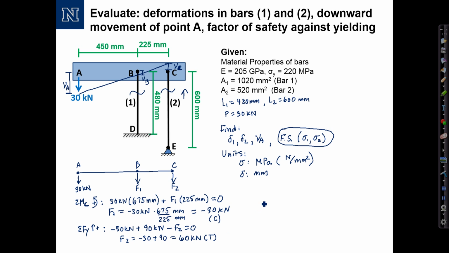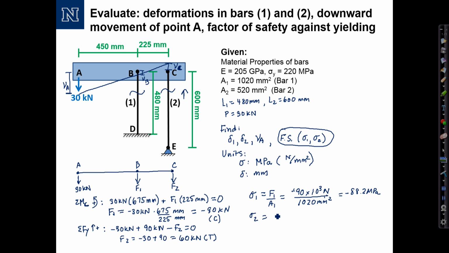From those forces, I can easily determine the stresses in the bars. Sigma 1 equals F1 over A1, which is negative 90 kilonewtons. I'm going to convert to newtons by multiplying by 10 to the third, divided by the area, 1,020 millimeters squared, and this gives me negative 88.2 megapascals.